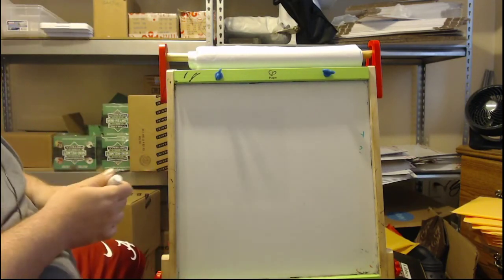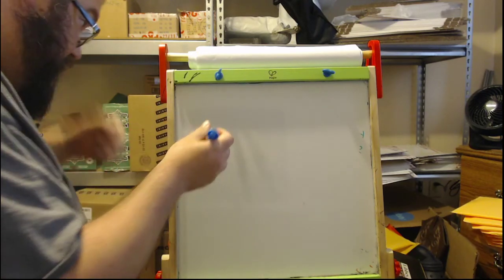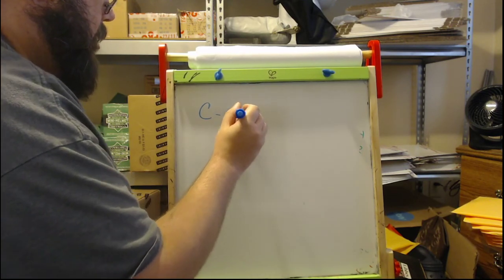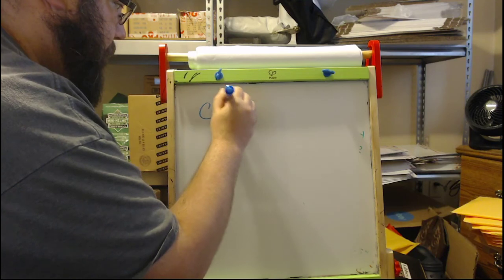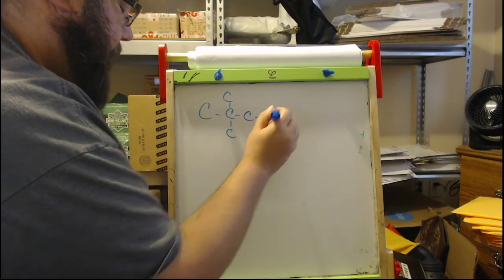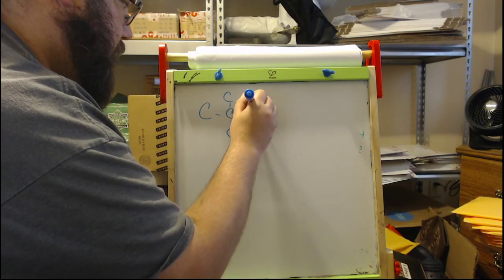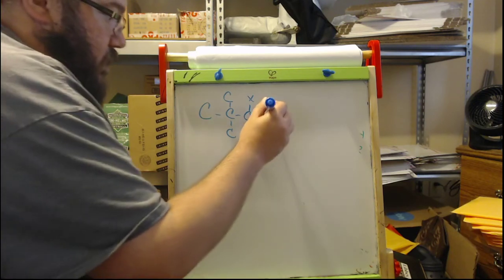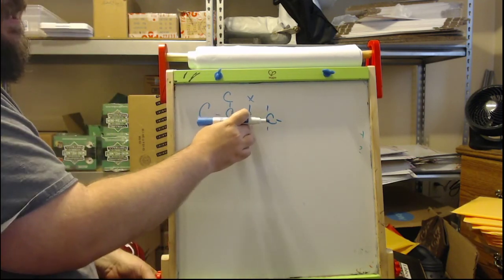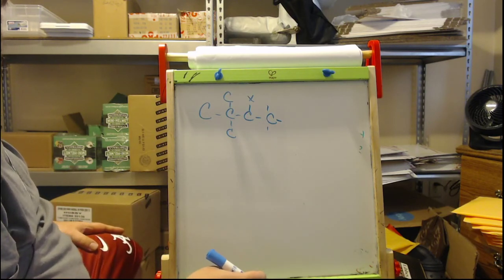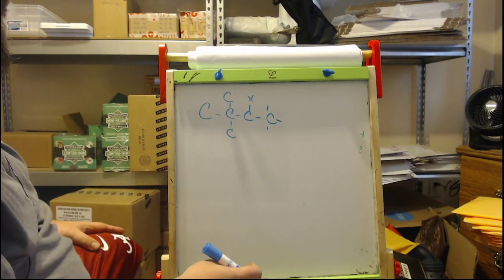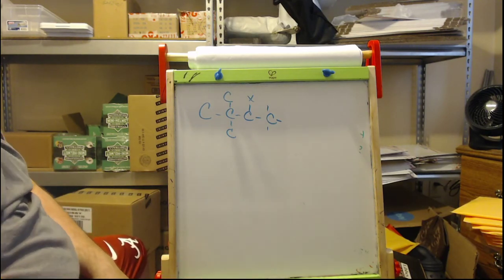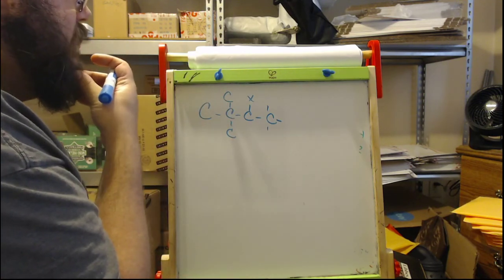But I want to show you something here. Let's say I had a carbon like that, and here was our halogen leaving group. So let's say I have a secondary alkyl halide, or something like that, and I'm going to do a reaction.